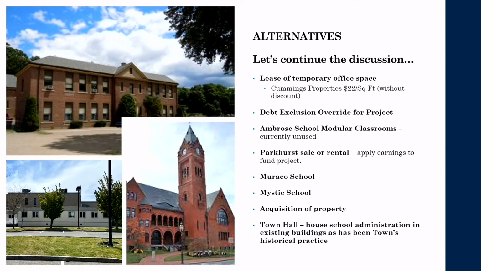There could be a debt exclusion override for the project. There are available modular classrooms at the Ambrose School not being used. We could wait until we realize the gain of Parkhurst for a sale or rental and apply those earnings to fund the project. There's the Morocco School rebuild to consider as well, the Mystic School, and acquisition of other property. We've used Town Hall in the past for housing temporary office space during projects like this.